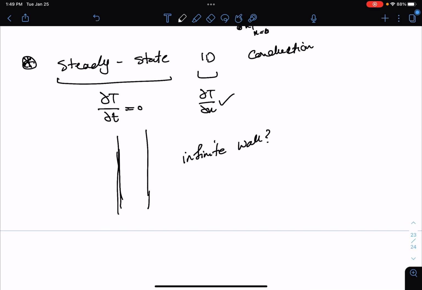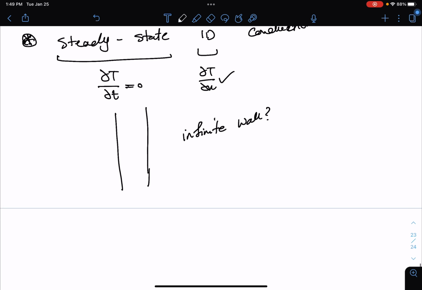Yeah, it is infinite. No. A wall that the length is very big compared to the width. So exactly. So that's it. The width of the wall is much smaller than the length of the wall.